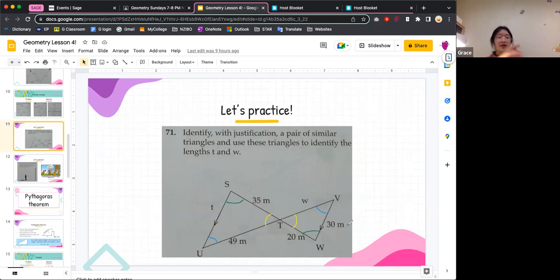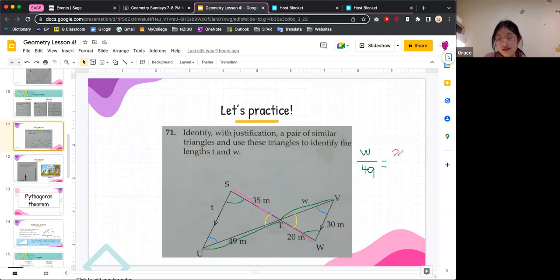And then we can just work our ratio magic and see that W, this side, is equivalent to this side over here. So we've got our ratio W over 49 equals, and we've already been given a pair of equivalent sides, so we can work out the ratio of 35 and 20.